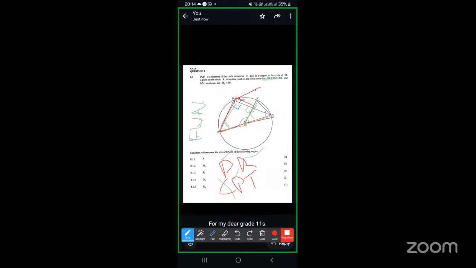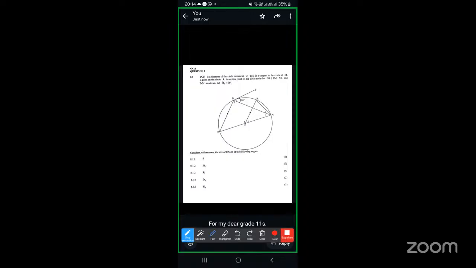If we have the angle between the tangent and the chord equal to the angle opposite that chord, then we are done with the tangent, because we don't have the theorem that a tangent is perpendicular to the radius. Now we can just dive into the questions.